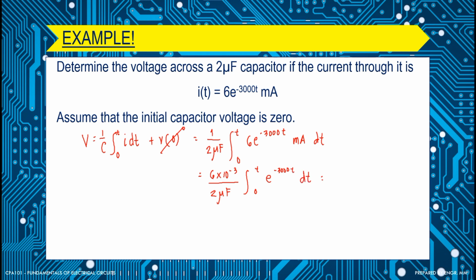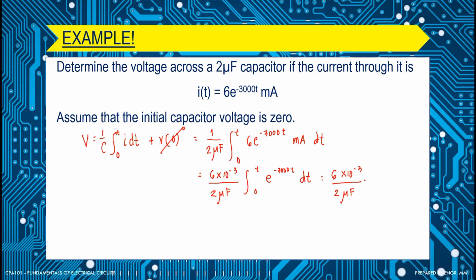Okay. Now integral of e^(-3000t) dt. So the integral of an exponential function is just the same. So 6 times 10^(-3) over 2 microfarad, then we will just consider the exponent, the negative 3000t.